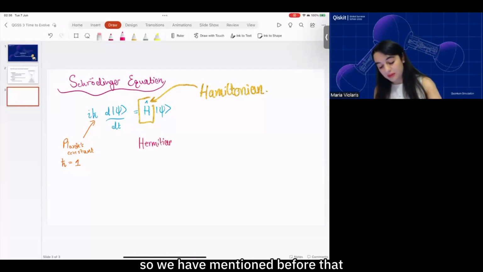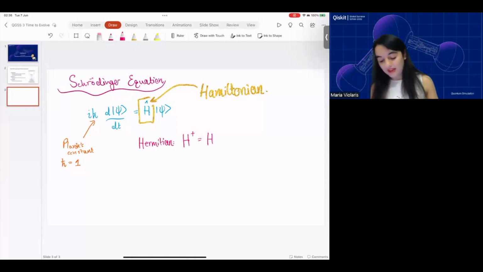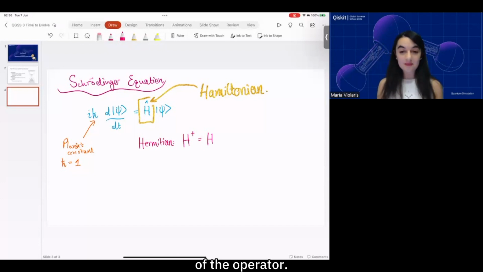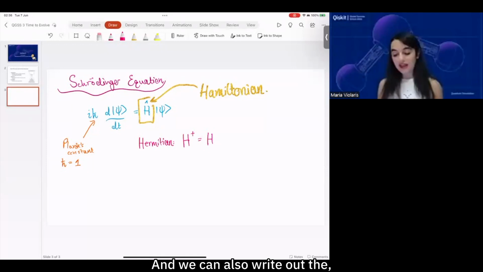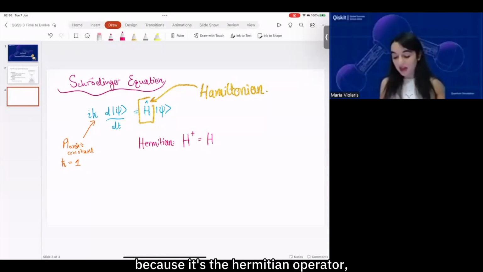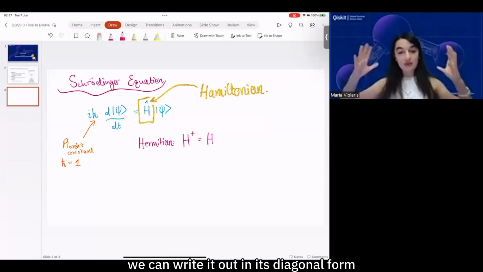We have mentioned before that if an operator is Hermitian, then it's equal to the adjoint, which is the transpose and complex conjugate of the operator. And because it's a Hermitian operator, we can write it out in its diagonal form.